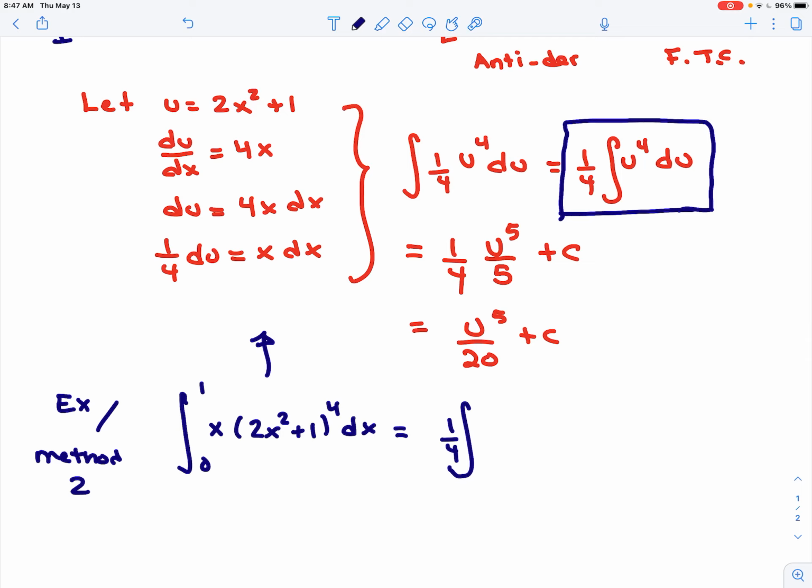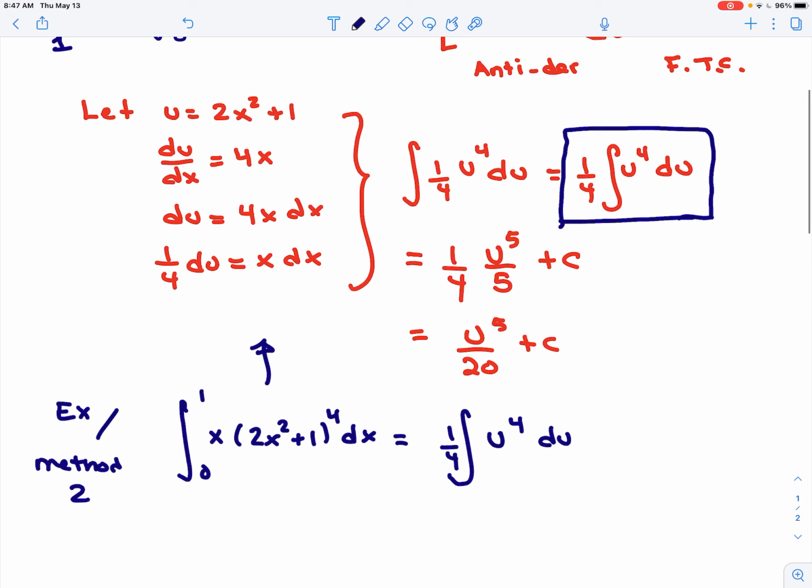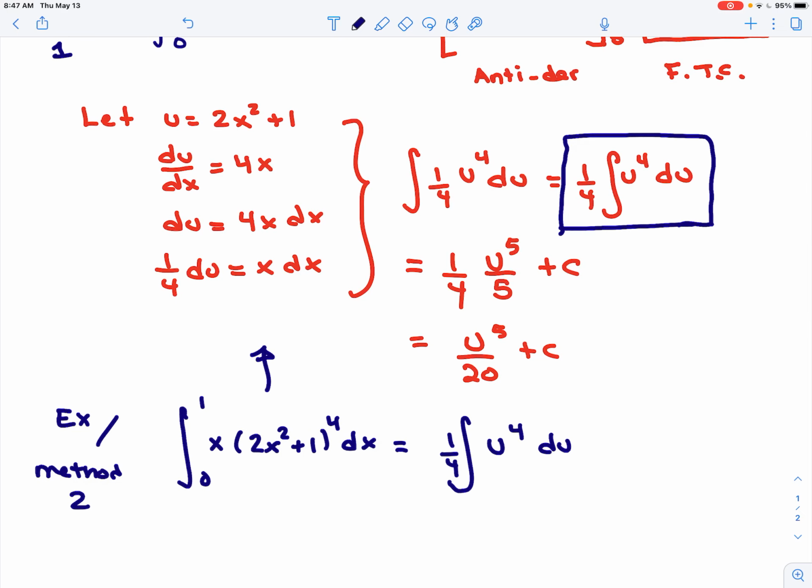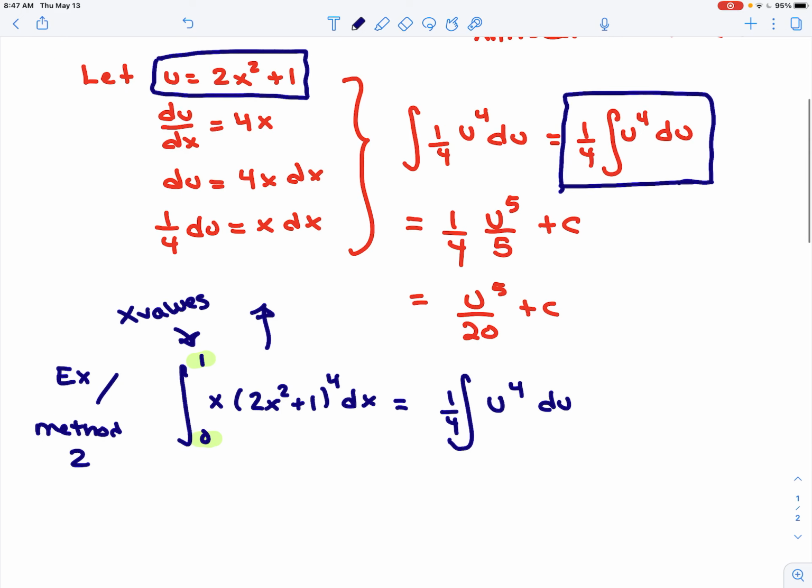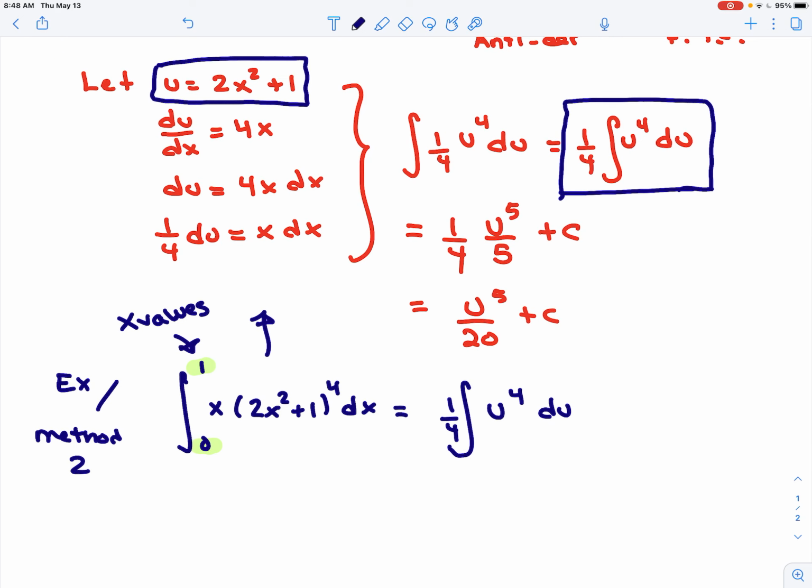So it's equivalent to 1/4 u to the 4 du, and then actually figure out what these are in terms of u. So these are x values, and here's how we turn them into u values.